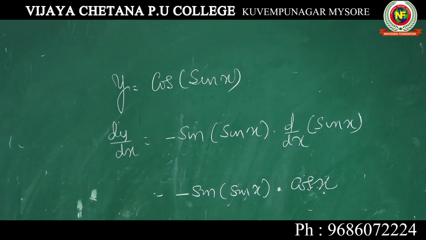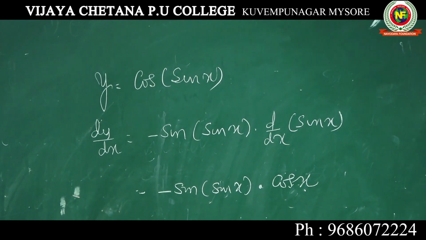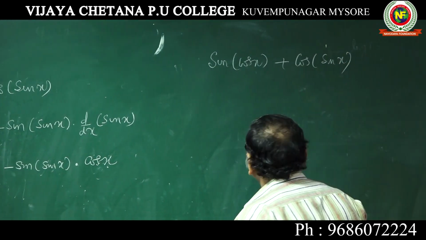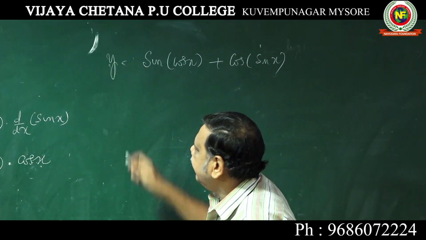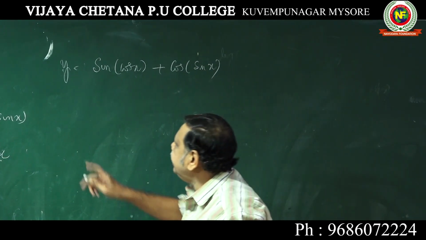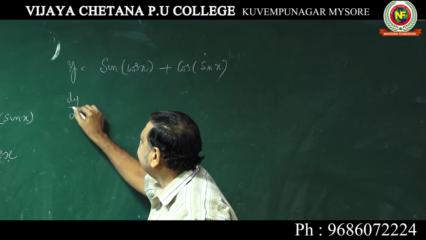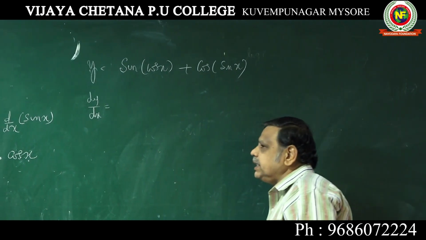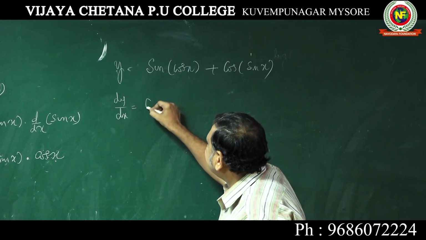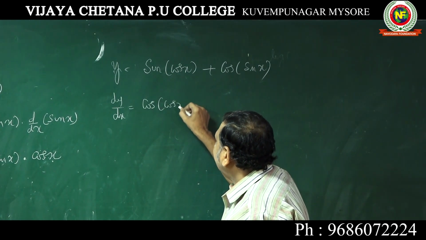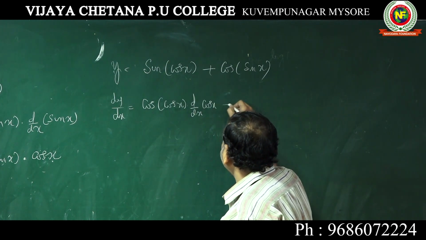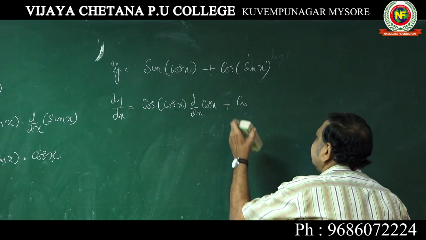Suppose they ask you sine of cos x plus cos of sin x. It's an important problem. Take it as y, and you differentiate this separately, plus this you differentiate separately. Dy by dx is equal to, now you know sine of cos x, you know the differentiation: cos of cos x into d by dx of cos x. Plus here, when you differentiate cos of sin x, this is a separate thing.